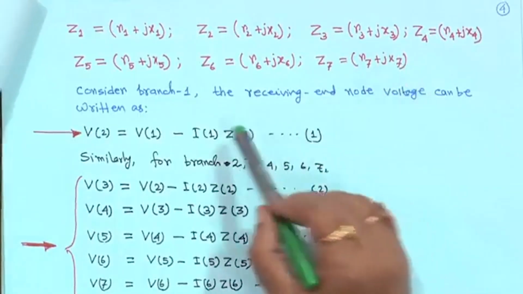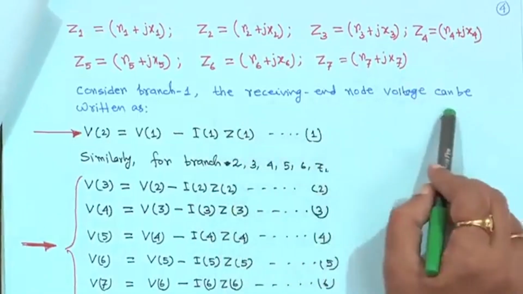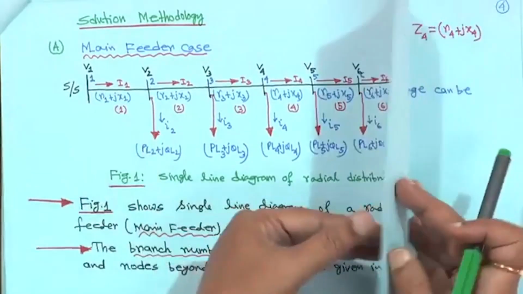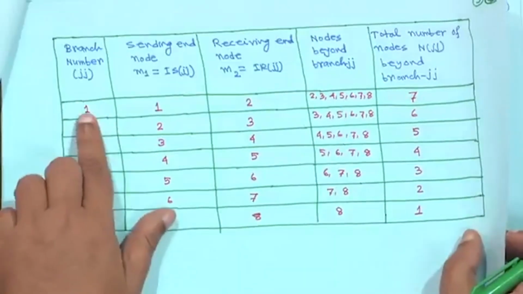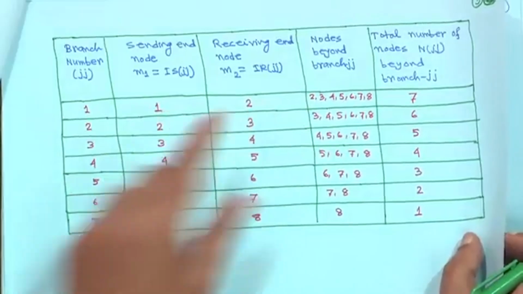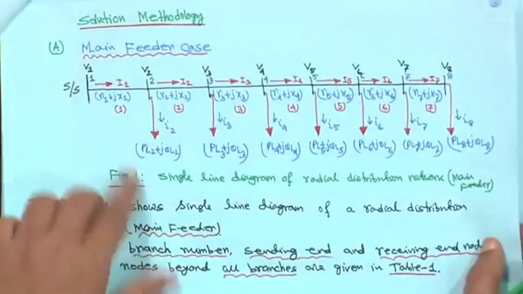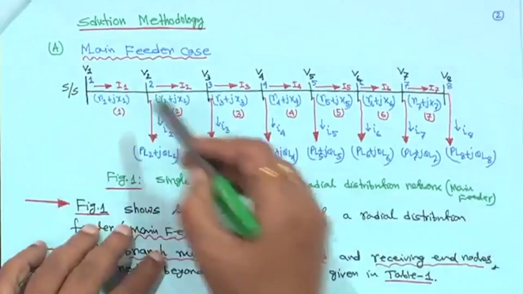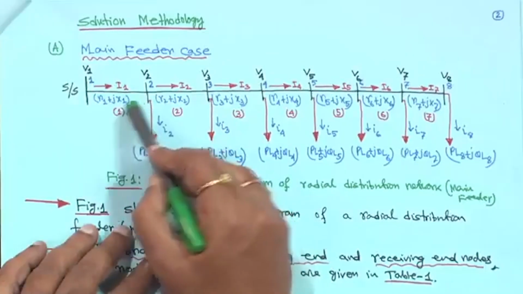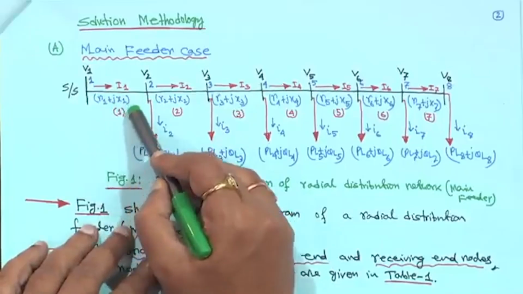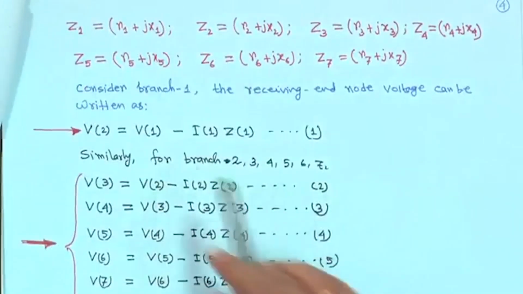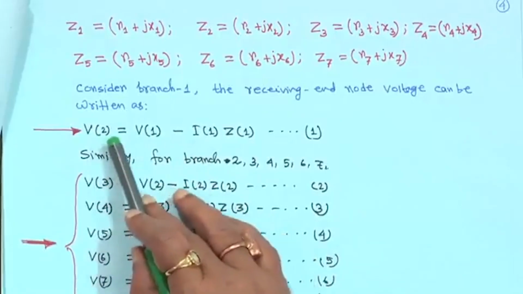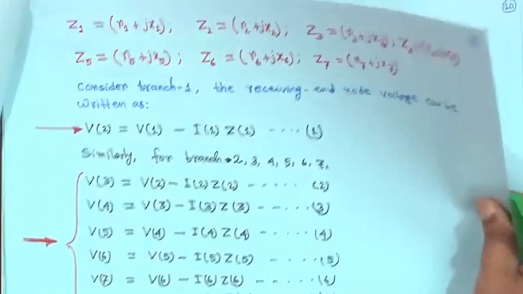Now, if you consider branch 1, the receiving end node voltage can be written as follows. Consider this branch 1, right. Similarly, if you look at the table, branch 1 has a sending end node and a receiving end node, but from the diagram this is the sending end node, this is branch 1, right. V2 will be V1 minus I1 into Z1, because Z1 is equal to R1 plus jX1. I told you V2 and V with suffix 2 in brackets are the same, Z is the same.